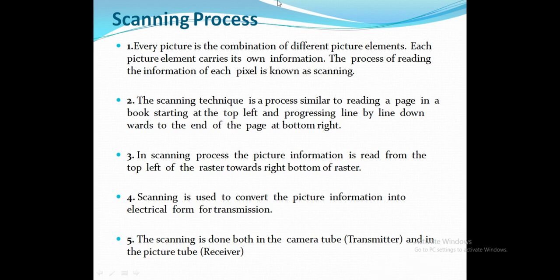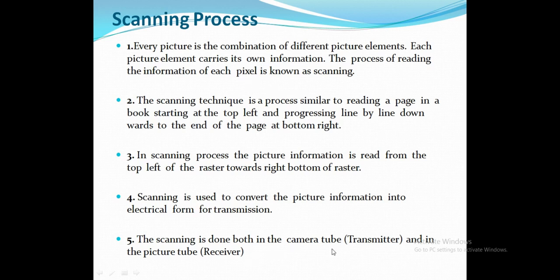In the scanning process, the picture information is read from the top left of the raster towards the right bottom of the raster. The function of scanning is to convert the picture information into electrical form for transmission purposes.